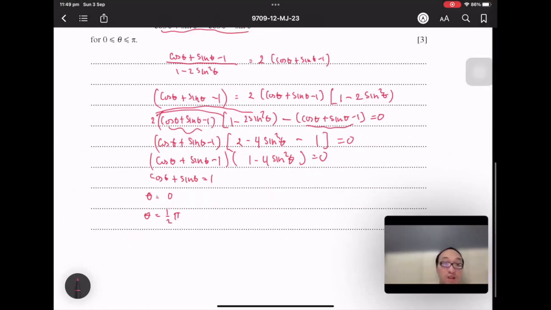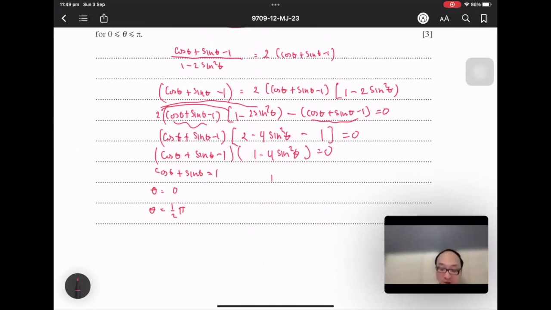And for the other, 1 minus 4 sin squared theta equals 0. So sin squared theta equals 1 over 4. So sin theta will be equal to 1 over 2 or negative 1 over 2.